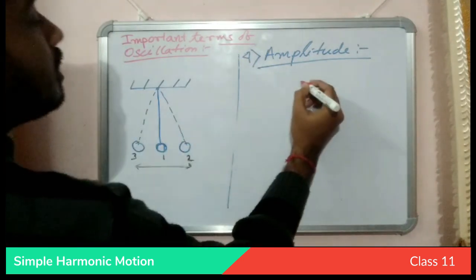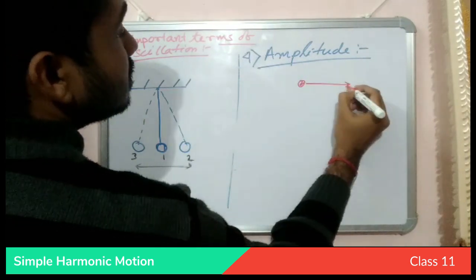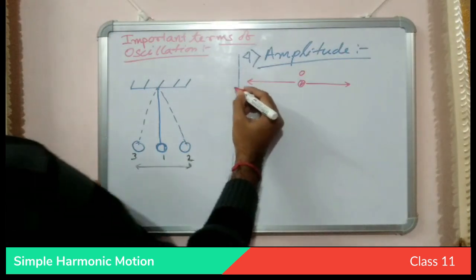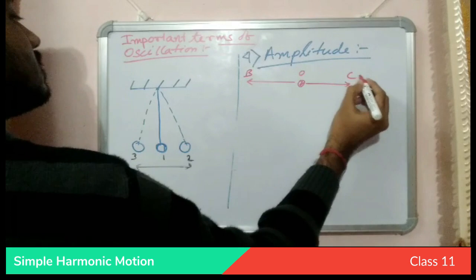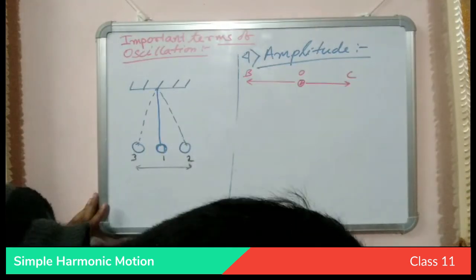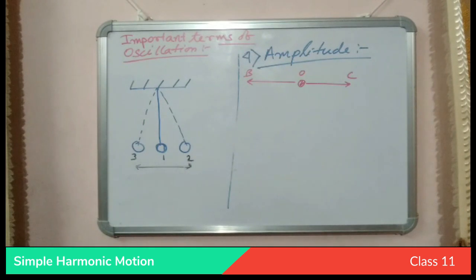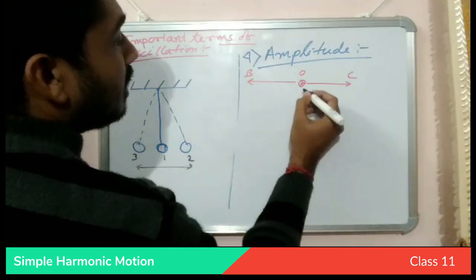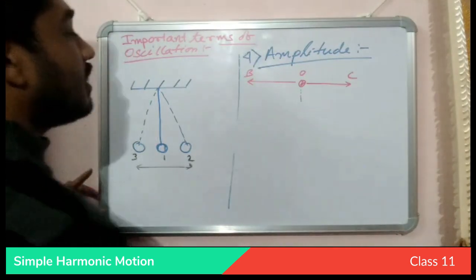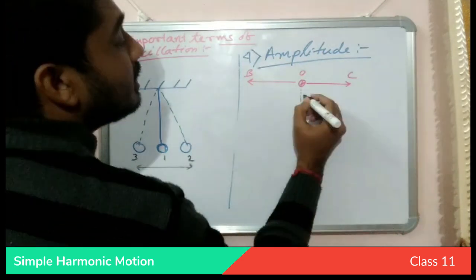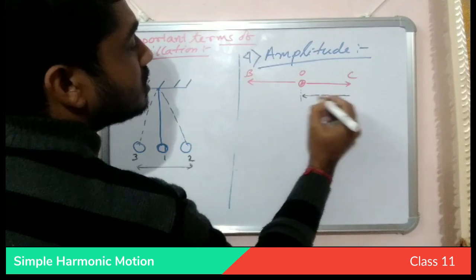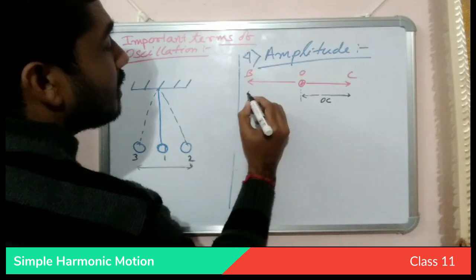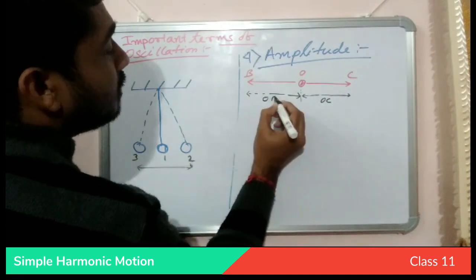Suppose this pendulum bob is moving from this to this and again from this to this, and this is the O position, this is our position B, and this is C. So initially the bob was at the O position, and after giving a little force, the bob displaced a maximum distance OC, or from this position the bob displaced the maximum OB.